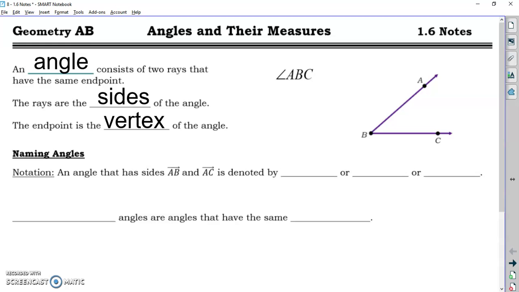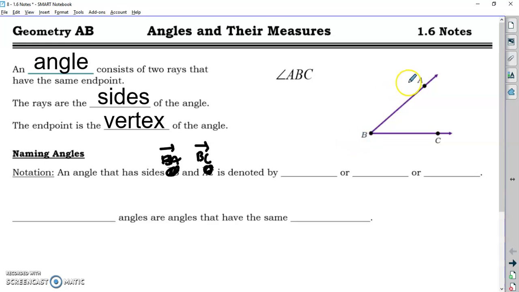Actually, I'm going to rewrite this. Our sides are ray BA and ray BC.